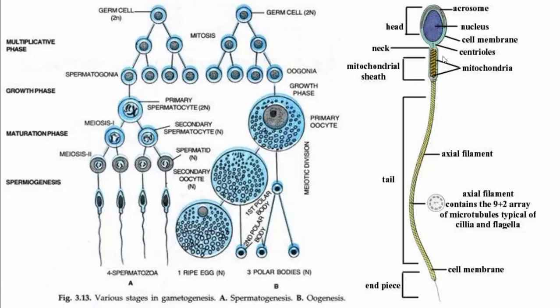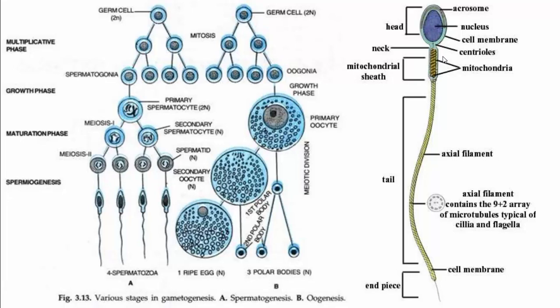So what happens is you have 1 large cell that's a viable egg that could be fertilized. These other 3 things produced are called polar bodies. They actually just sort of break down. They could not be fertilized. So when egg cells are being produced, 1 cell divides through meiosis, but actually only produces 1 viable egg cell. In sperm production, 1 cell goes through meiosis and produces 4 viable sperm cells.